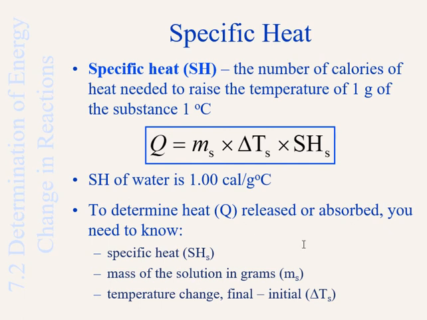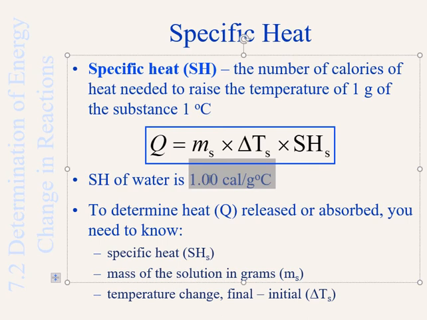It depends on the mass of our system times the change in the temperature, as we talked about, times something known as the specific heat of the system. Specific heat is a unique value. Its unit is basically calories per gram per degree Celsius, but it's unique for every given material or object.